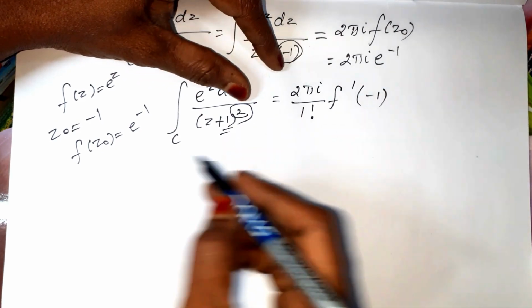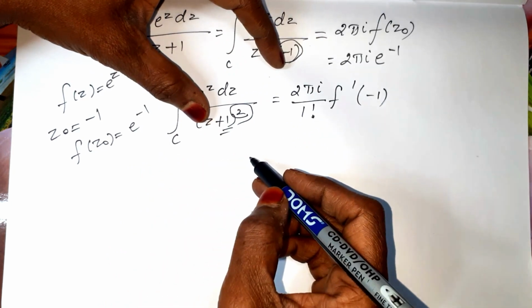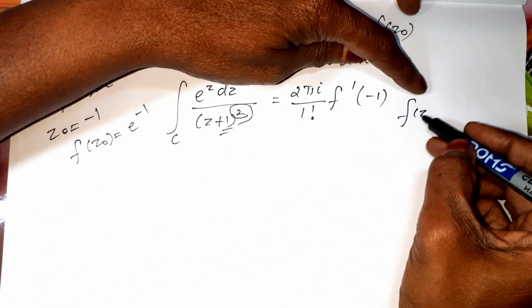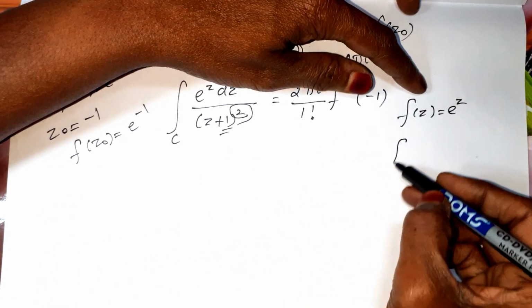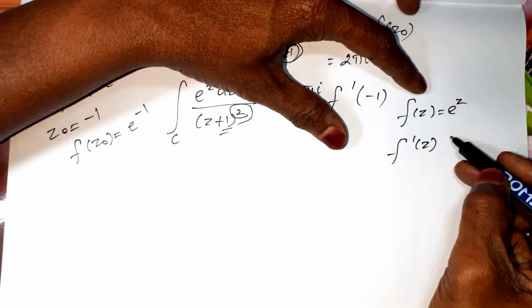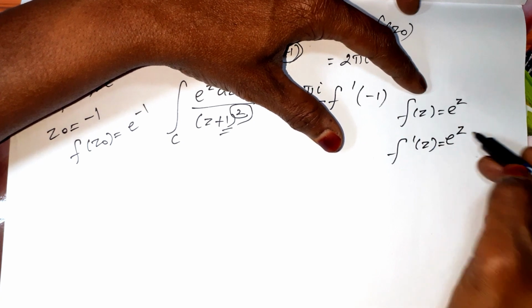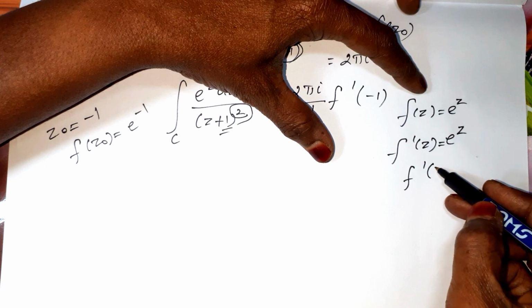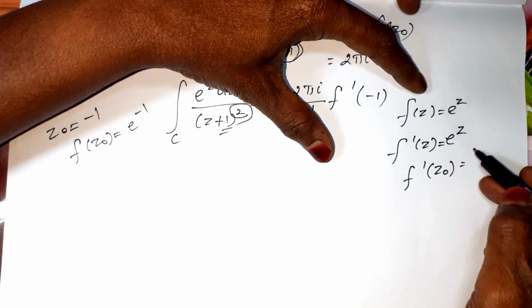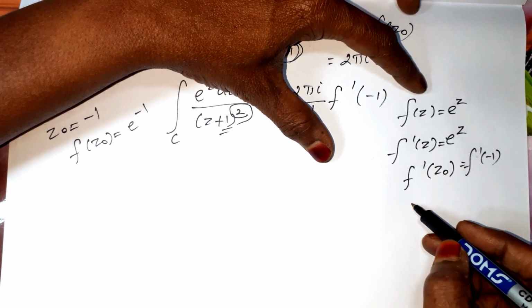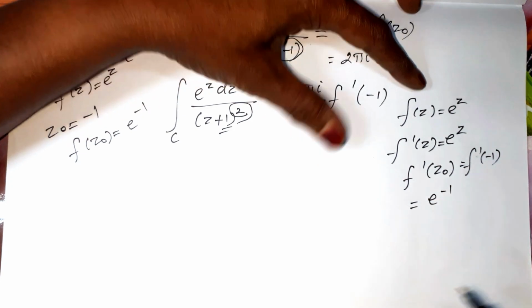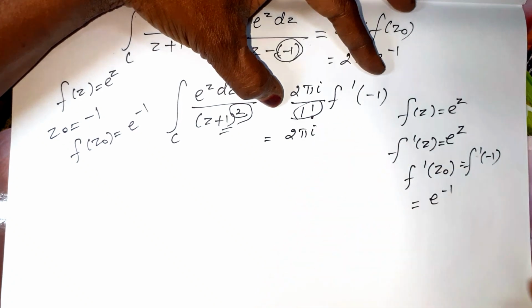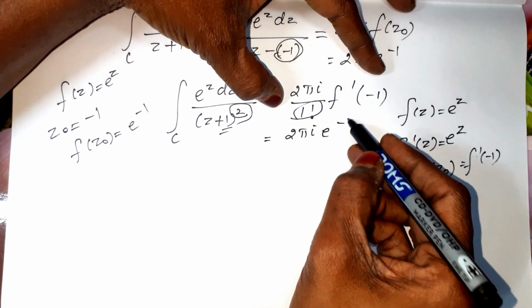So this is the formula, right? For f of z equal to e power z, what is f dash of z? When we differentiate e power z, we have e power z again. In this we substitute z naught, that is f dash of minus 1, which is equal to e power minus 1. 1 factorial is 1, so 2 pi I into e power minus 1.